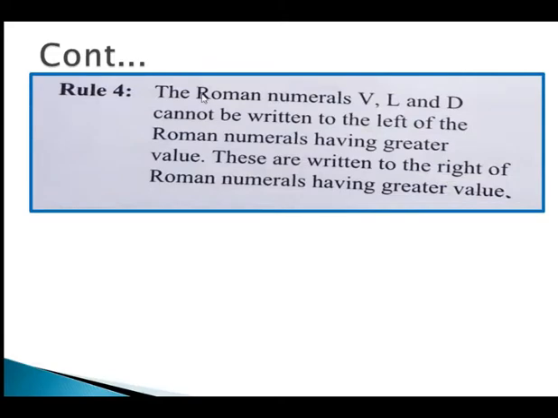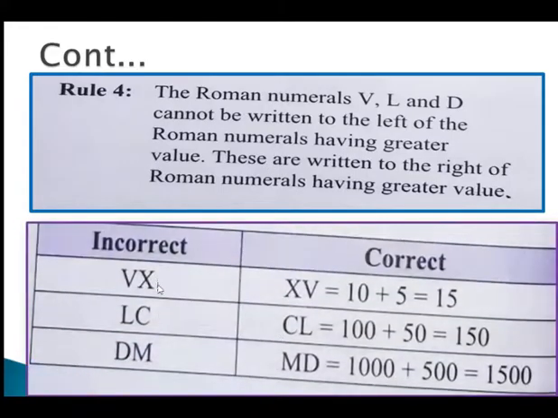Then we have rule 4. The Roman numerals V, L and D cannot be written to the left of the Roman numerals having greater value. So these three numerals V, L and D are never written to the left side. They are always written to the right side. As for example, you can see here VX is always incorrect.